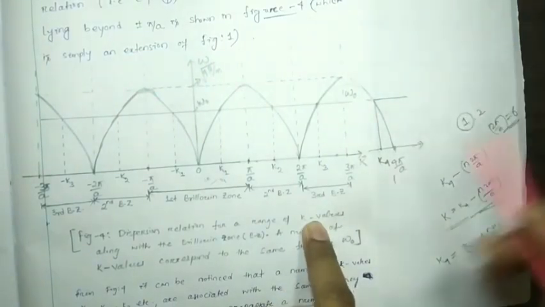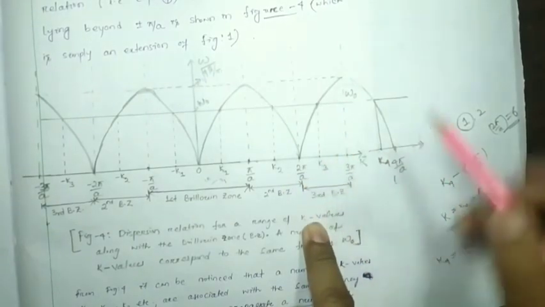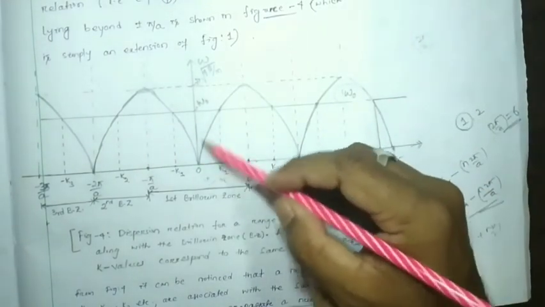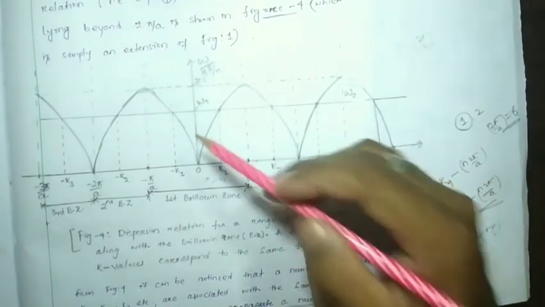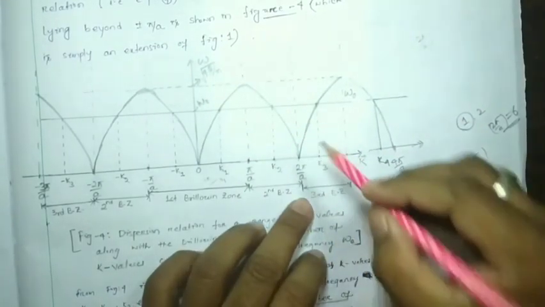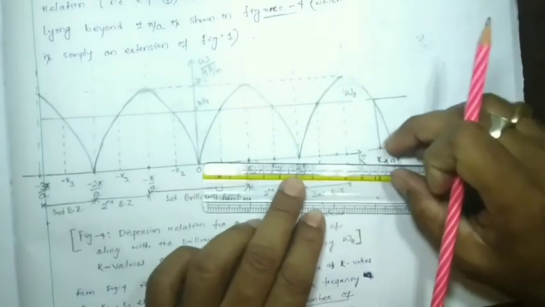Now if I subtract some 2 pi by a, because it is periodic, I will reach the same behavior within the first Brillouin zone. How? See, this behavior is like this. I am going to subtract 6 centimeter.